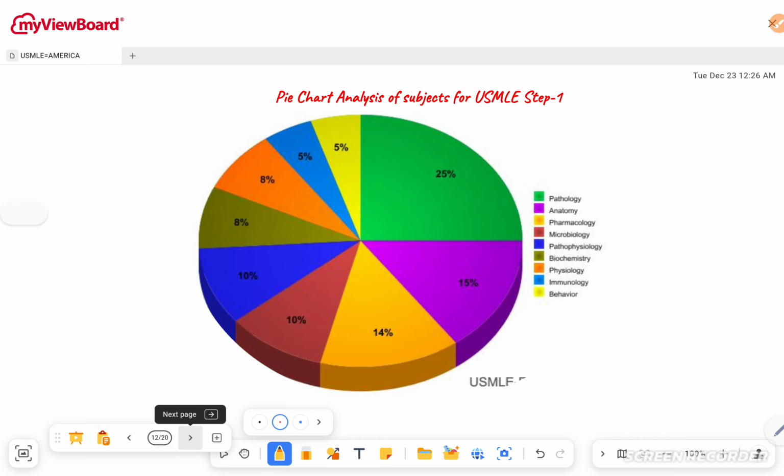So, this is a pie chart analysis of subjects for the USMLE Step 1. You can think the green color shows pathology. Pathology actually includes 25% of the total questions.